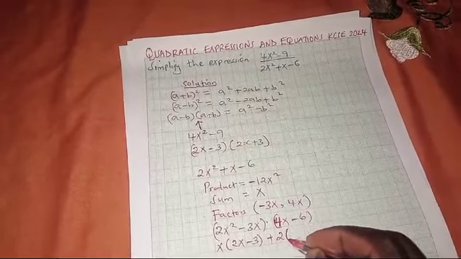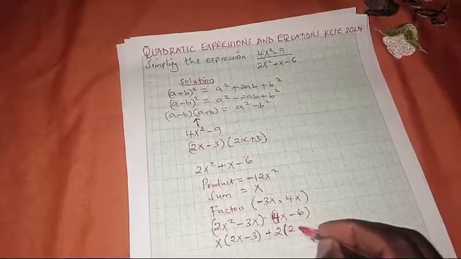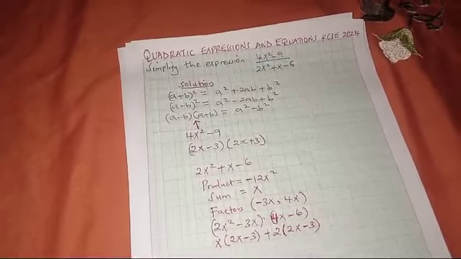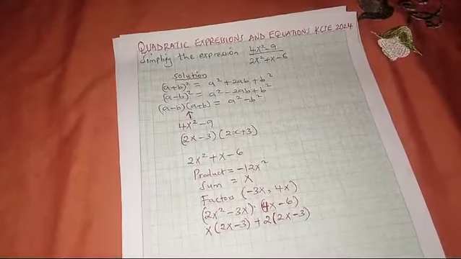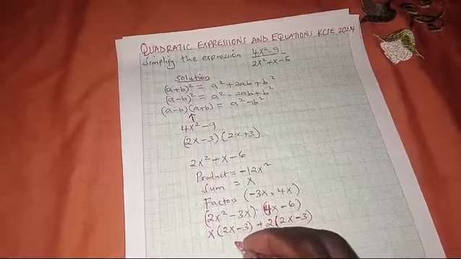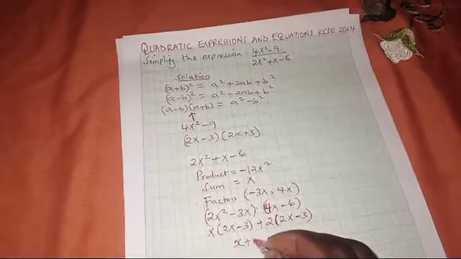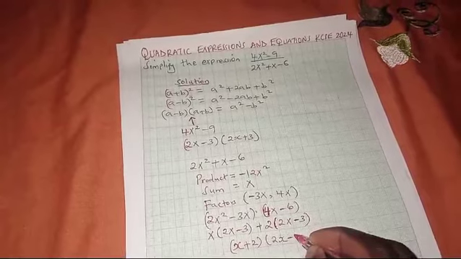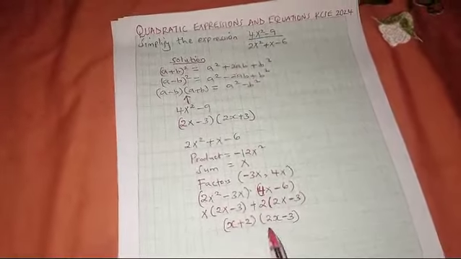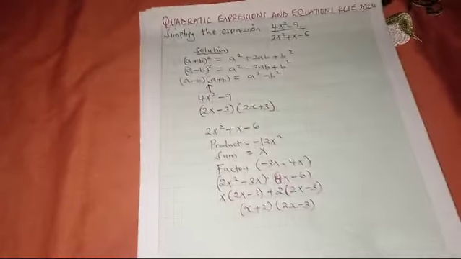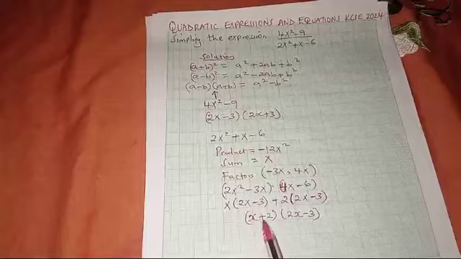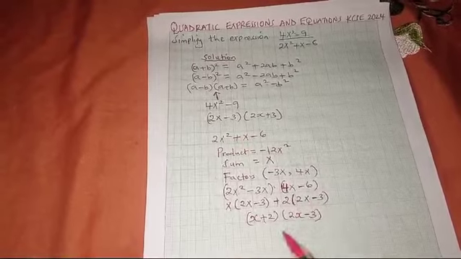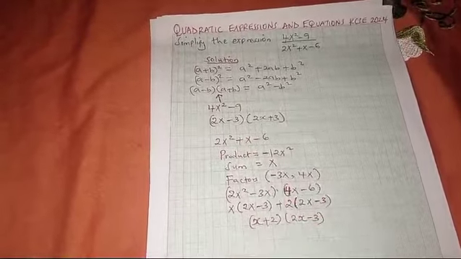We put 2 outside the bracket, then 2x comes in, then minus 3. The two brackets have the same element, so we choose one. We'll have (x plus 2) and then (2x minus 3). If you expand this very well, you get 2x squared plus x minus 6. So this is the simplest form.